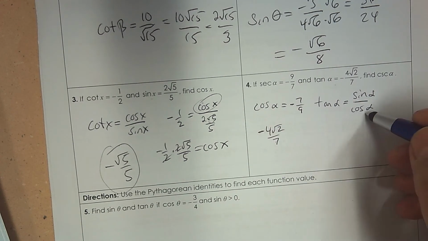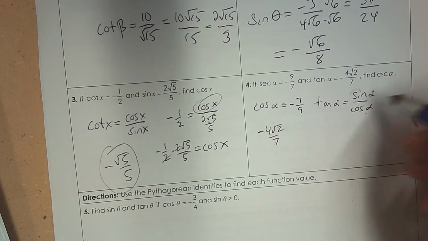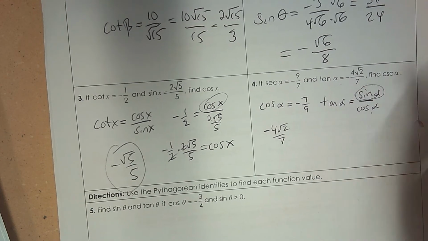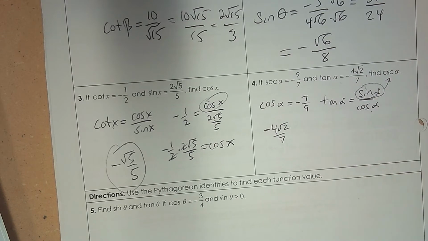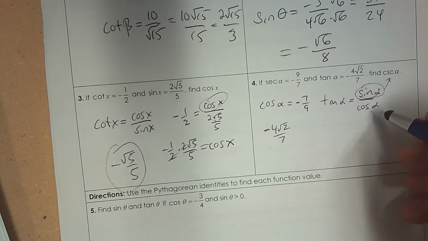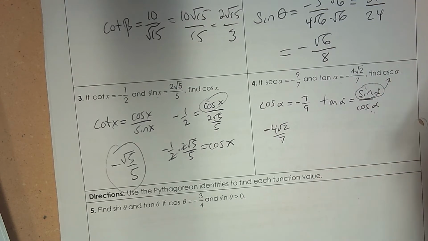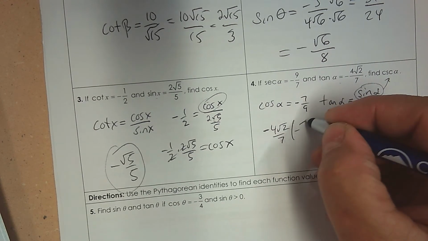Now, I can plug in. I know to get sine alpha by itself, I would multiply both sides by cosine alpha. And cosine alpha, we just said, is negative 7 over 9.